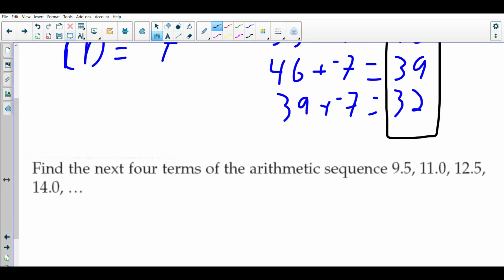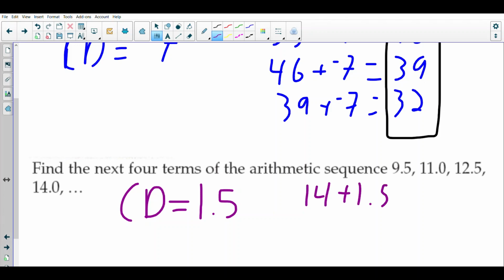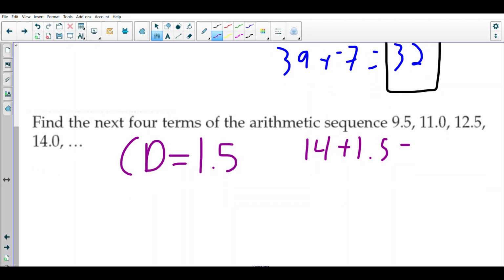Okay, so the next four. They want us to find the next four terms of the arithmetic sequence 9.5, 11, 12.5, 14. Our common difference looks to be plus 1.5. So we start at the end, 14 plus 1.5, and that gives us 15.5.